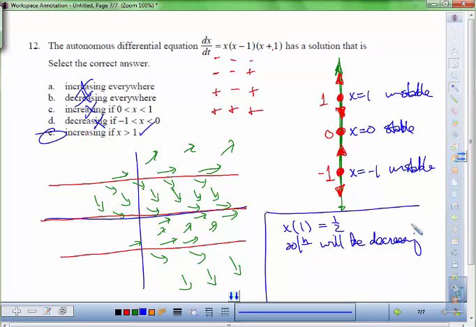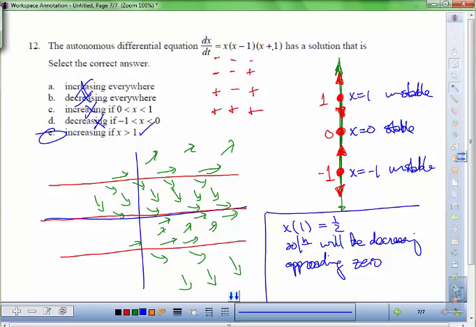You guys agreed to that? You guys understand why that's true? And then it would be what? Approaching 0. Why? There's no y's here. There's no x's here, or there's no y's here.